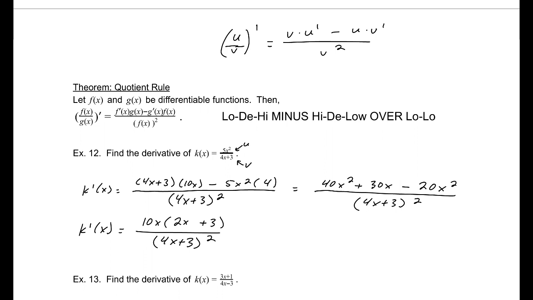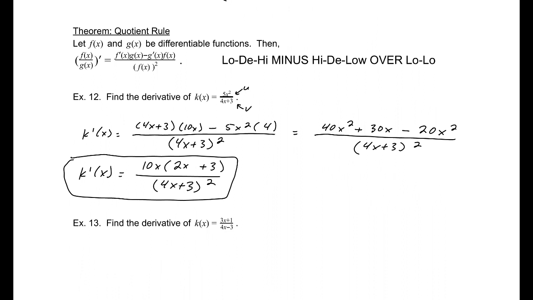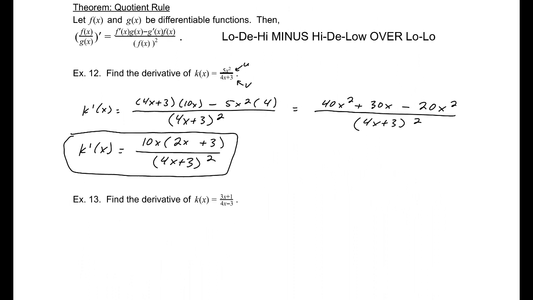Okay. Now I'm going to leave that, and the reason I'm factoring that is because later on in this section, and certainly in another chapter or so, being able to find the solutions and the places where that derivative is 0 and where it's undefined are going to be very, very vital. So factor your numerator as much as you can in these cases.